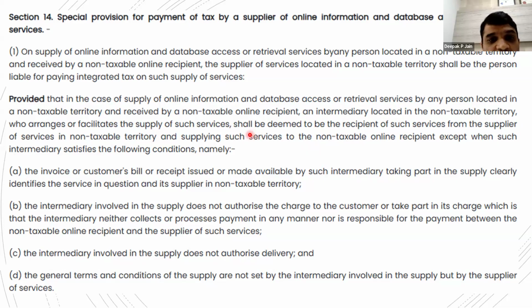Had it been that the intermediary is introduced here and shall be deemed to be the supplier, then the tax would be on the intermediary. But section 14 says the OIDR services provided by a non-taxable supplier, then the supplier of service shall be the person liable to pay. The proviso is saying that the intermediary shall be a recipient. So the liability is still on the supplier, according to me.